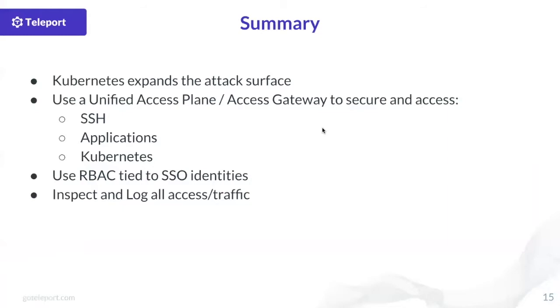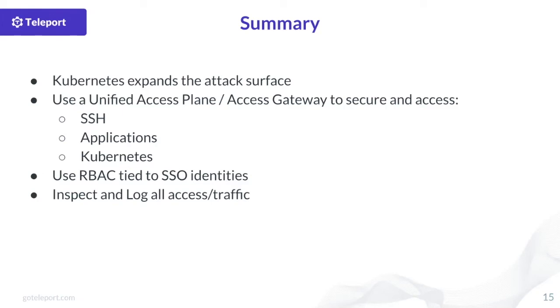To summarize what was covered, remember that Kubernetes expands the attack surface of your environment. So if you introduce a new layer, you have to make some other layer less relevant. So turn off SSH for the majority of your engineering team. Having both present increases the probability of you getting compromised. If you do have SSH enabled in your Kubernetes clusters, make sure to apply role-based access control and synchronize the two so that they have the same authentication gateway and the same access gateway.